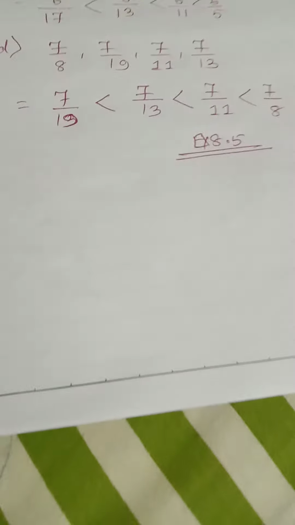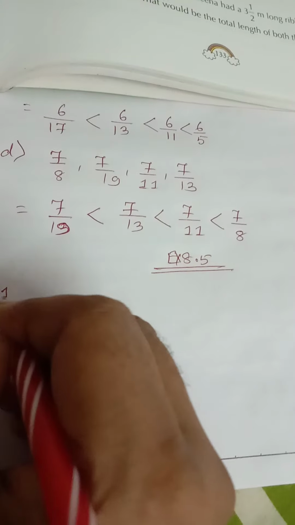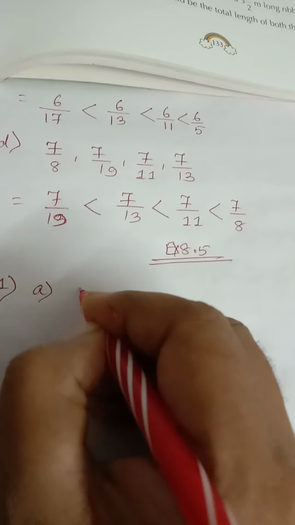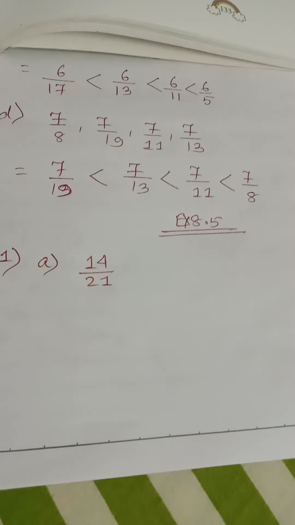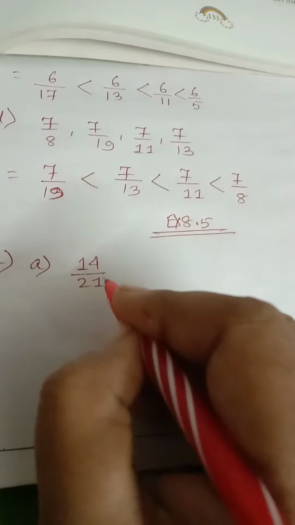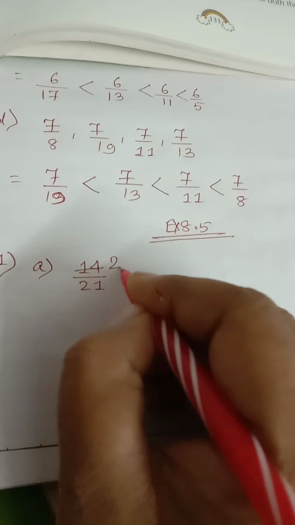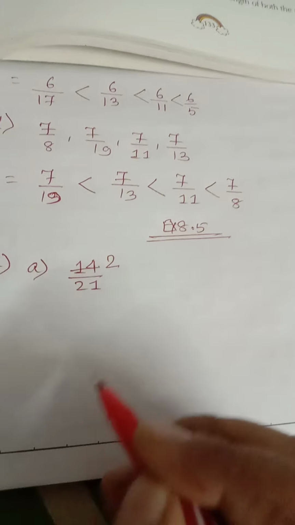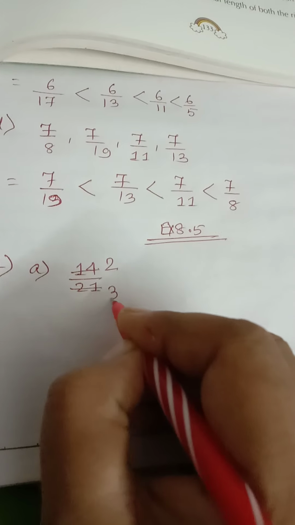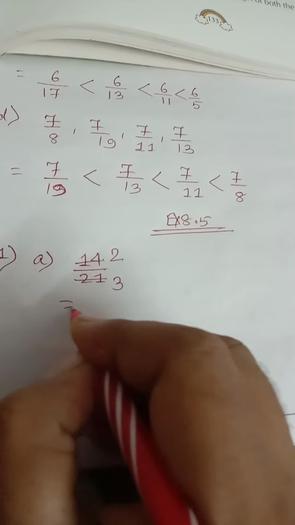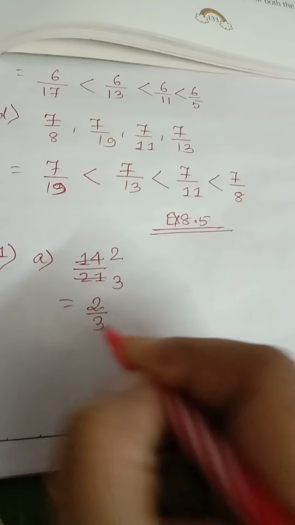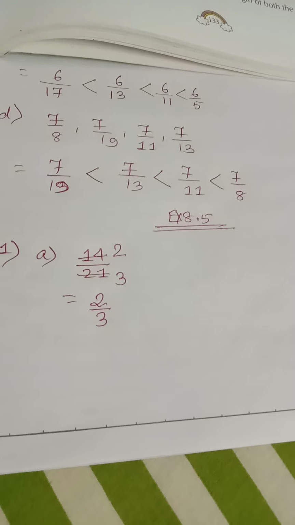In question number 1, they have given you 14 and 21. The highest common factor is 7, since 14 and 21 are both divisible by 7. So the reduced fraction would be 2 by 3.